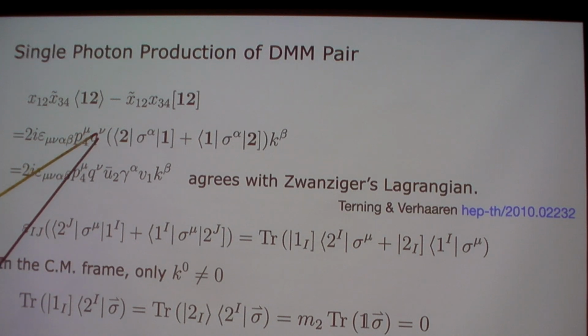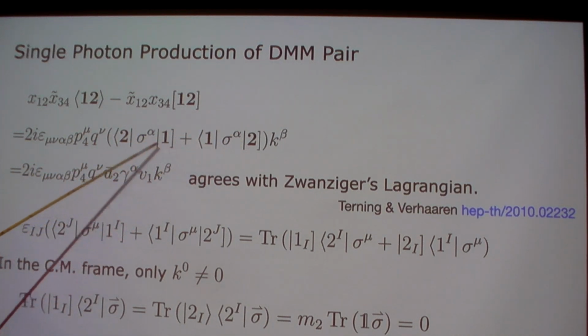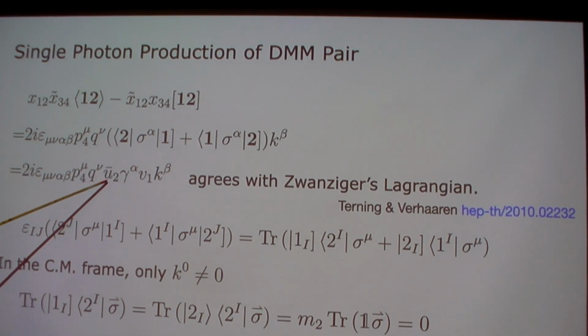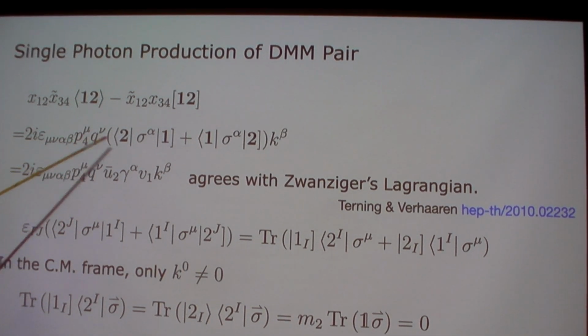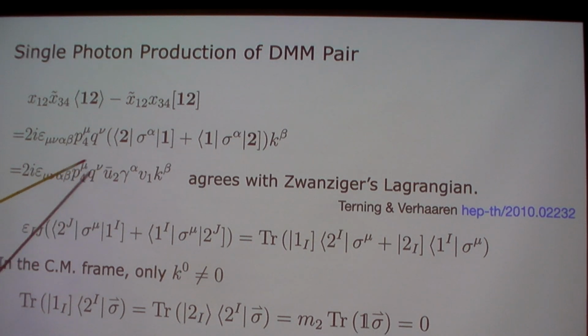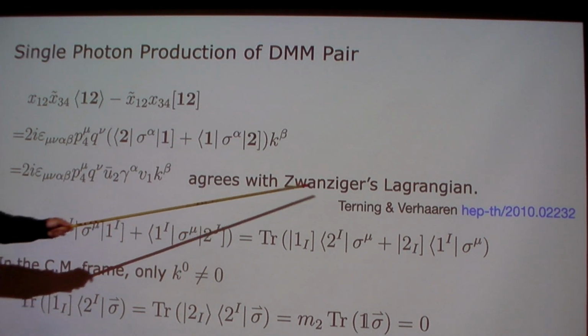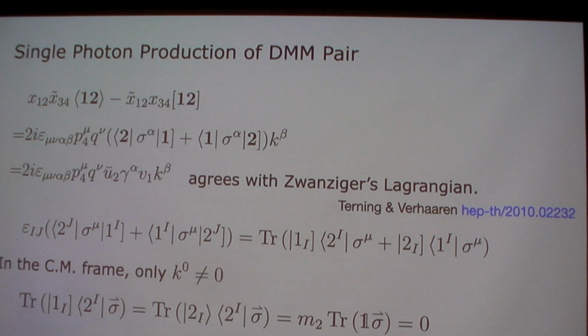And you can express this combination in terms of the Dirac spinors you are more familiar with, which this expression is the same as what you get using Schwinger's Lagrangian. So it looks like we are on the right track.